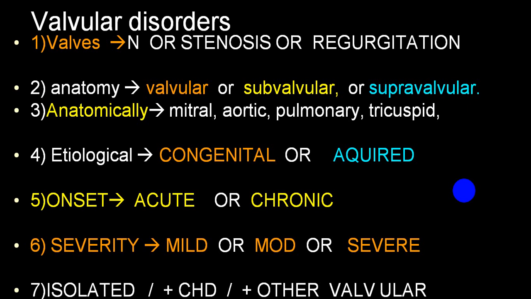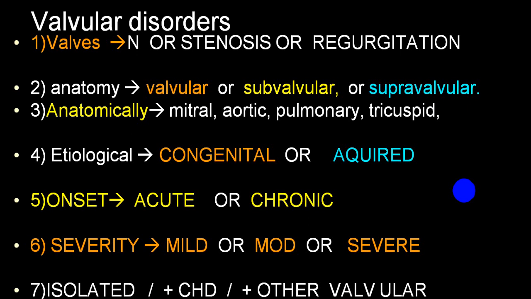Etiologically, we classify them into congenital and acquired. In congenital, depending upon the number of cusps, we call bicuspid and tricuspid stenosis or regurgitation. As far as onset is concerned, it is acute or chronic.